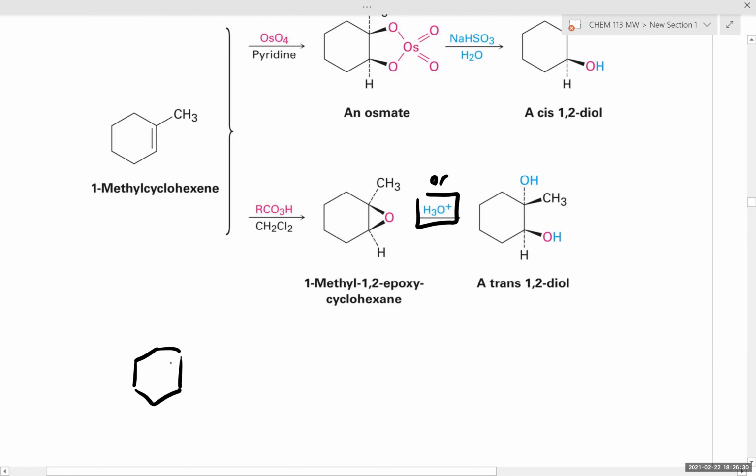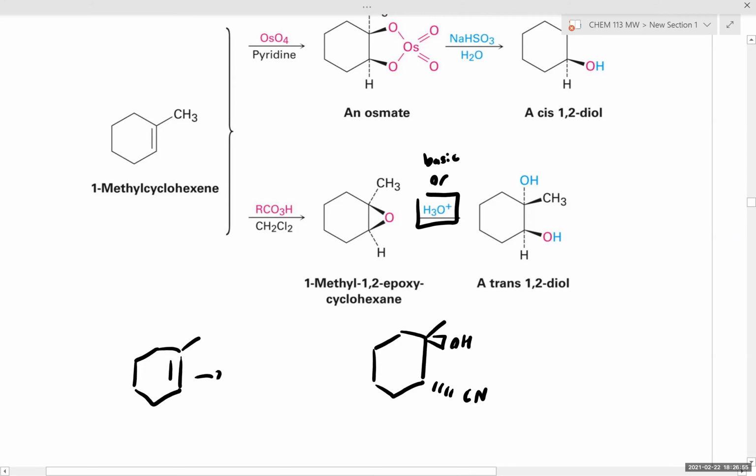let's look at an example here. If I wanted to take this structure and advance it all the way to something that looks like this. So you can also use basic conditions for epoxide opening, that's true. Can I make a structure like this from my epoxide?